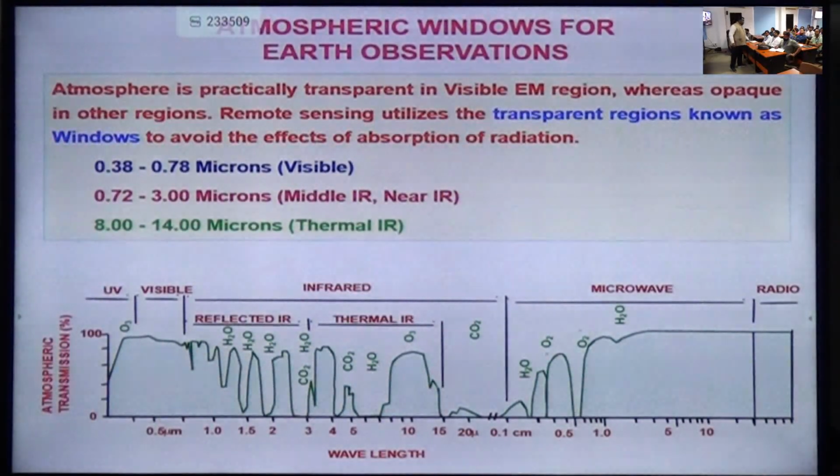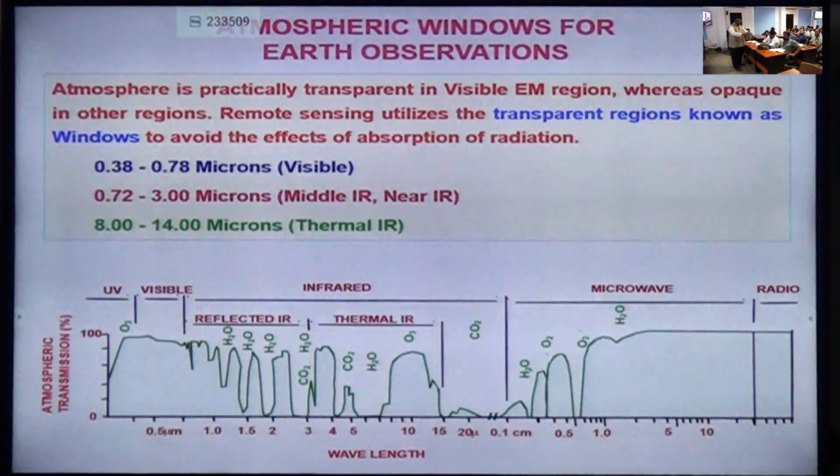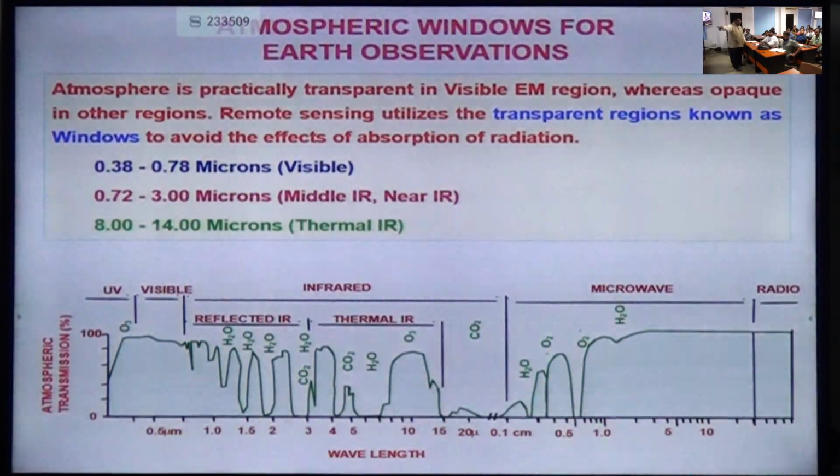Atmospheric windows. What is this atmospheric windows? Whenever we are on any journey, where will you sit? Nearby the window. Here, in this particular hall, if I want to see any outside person, I am able to see, no, but that is the way.